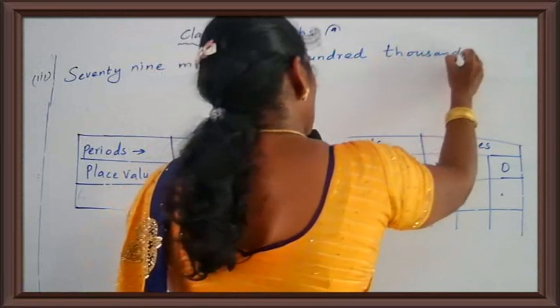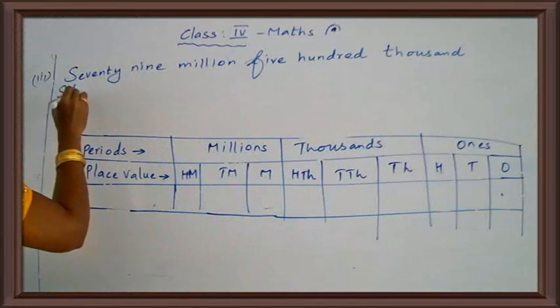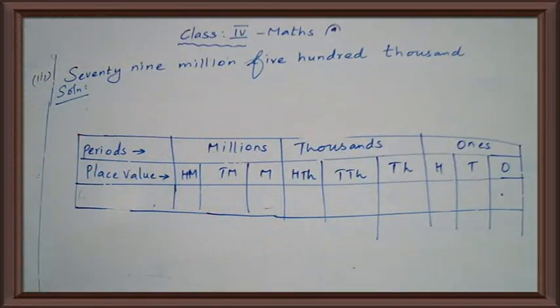Okay children, so here your question is given in number names. So you write in numbers. First of all, you write in numbers. Okay, so your question is 79,500,000. So you write the number.